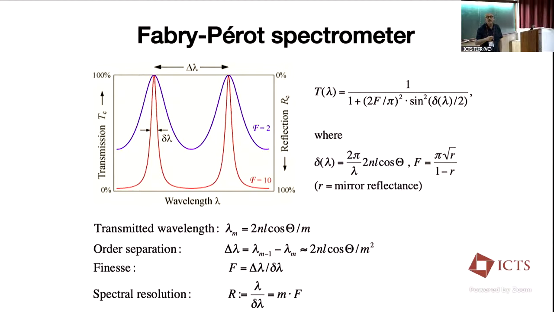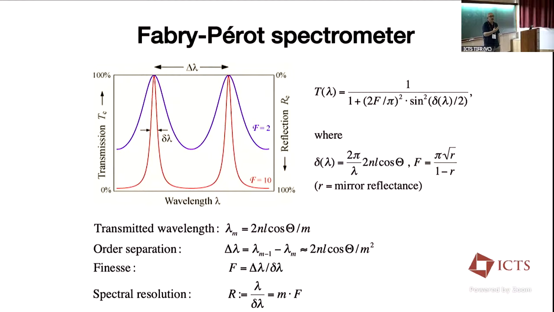No, if I put this one, I will have periodic peaks. And that's exactly the problem. I don't know which wavelength is transmitted, because all these wavelengths, this one, this one, this one, and so on, there will be 20,000 wavelengths which are transmitted. So I have to isolate only one of these peaks.